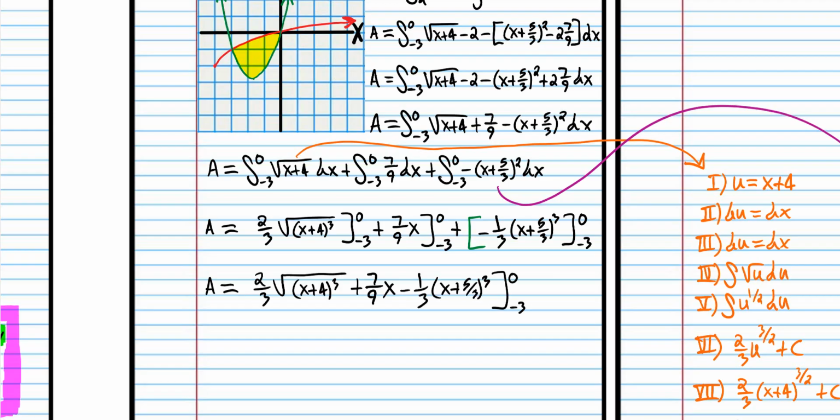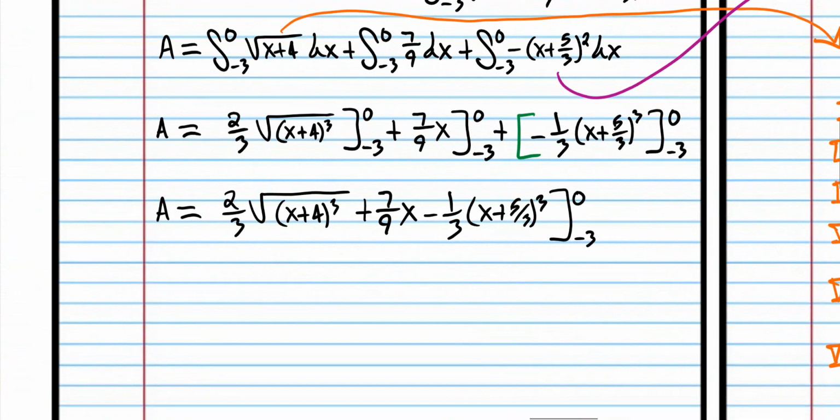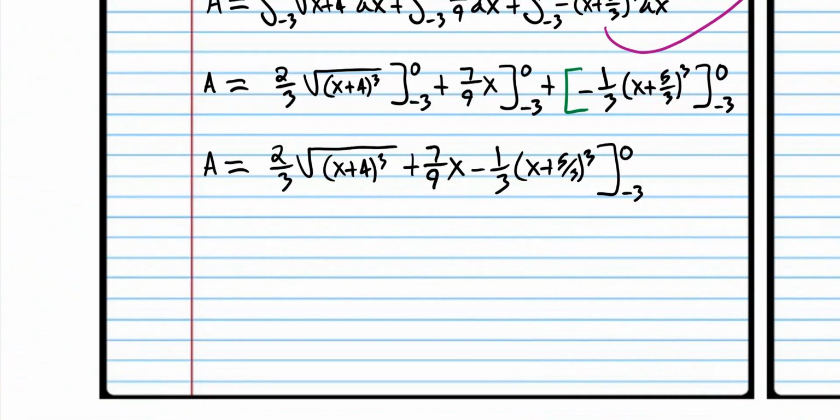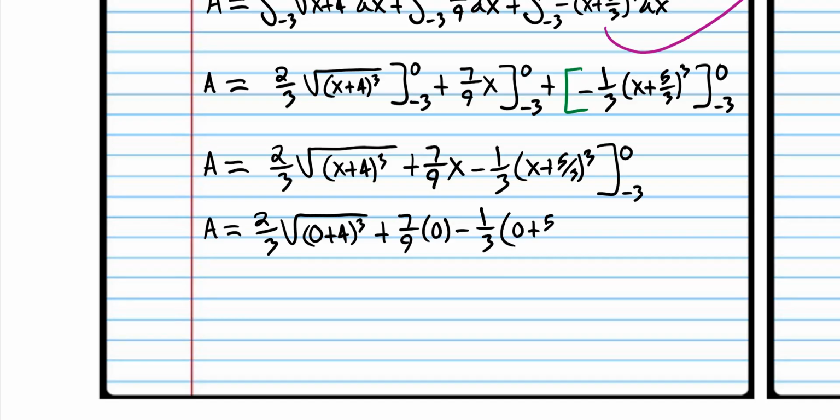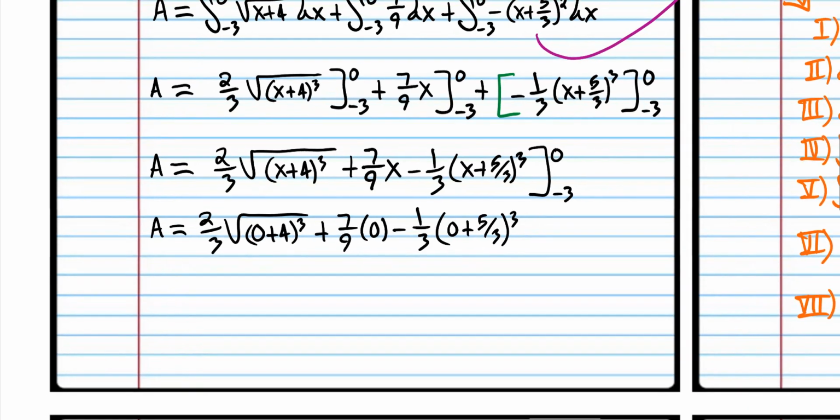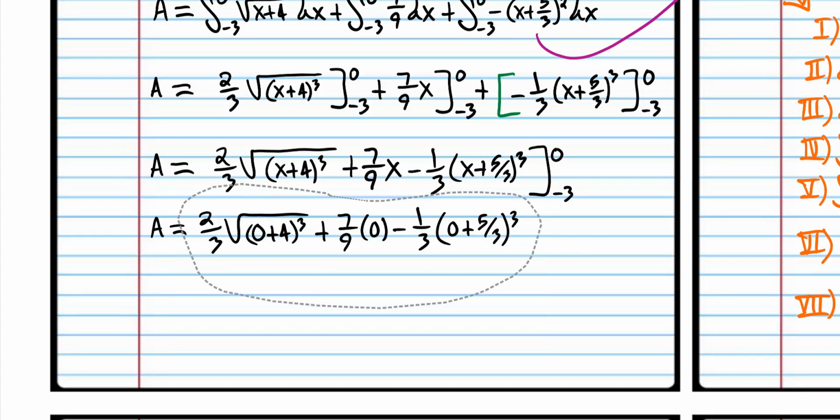Okay. So again, double checking everything, making sure everything is correct. Now let's plug in 0 to our function. And then we're going to plug in -3 to our function. Sorry, my computer's going kind of slow here.